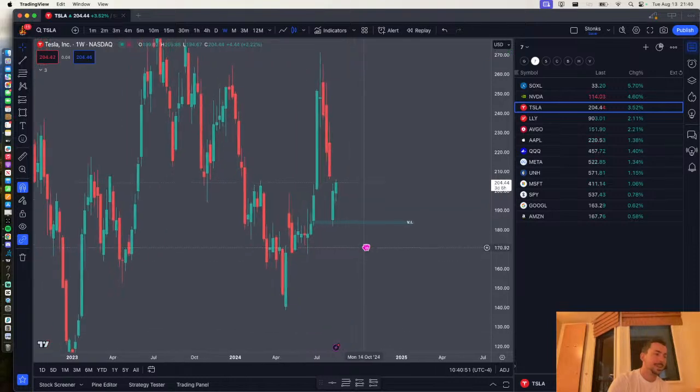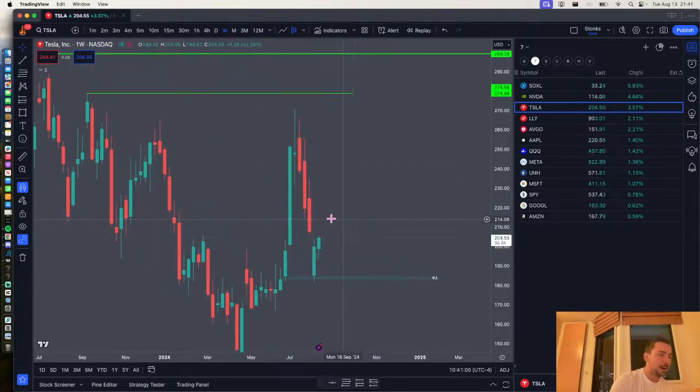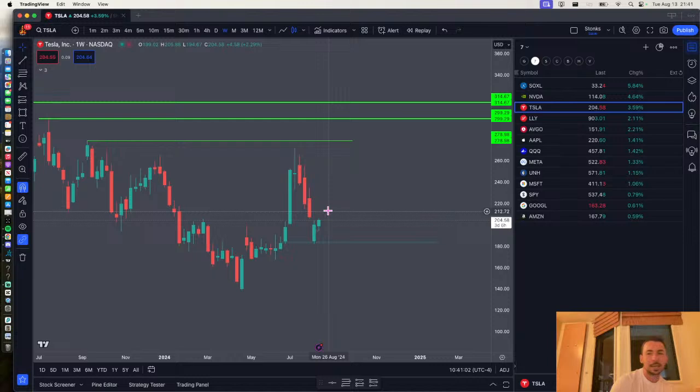Wow. So I drew this weekly volume imbalance a while ago. Look how this is also known as a gap for retail traders, but look how we just tested it and now we're moving higher. Hopefully this is going to be the place that Tesla finally rebounds from.